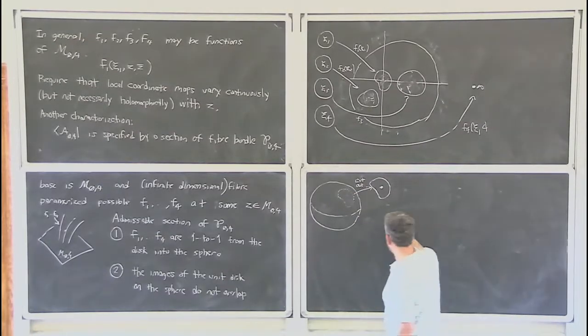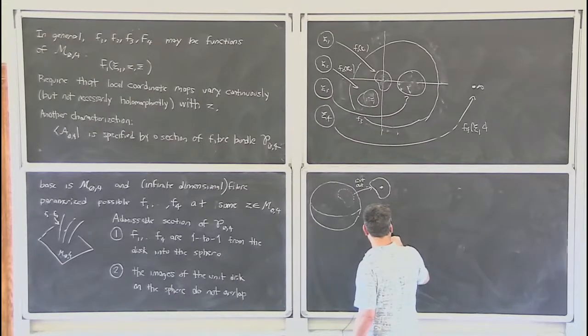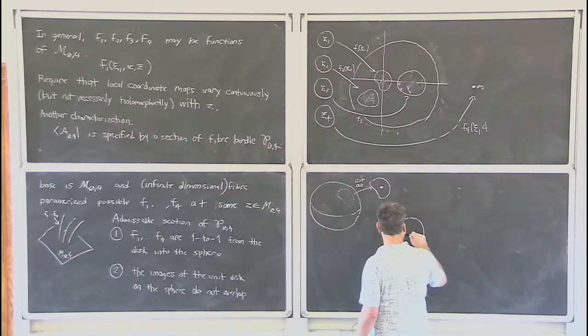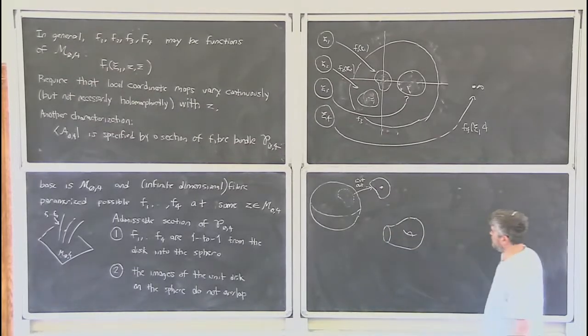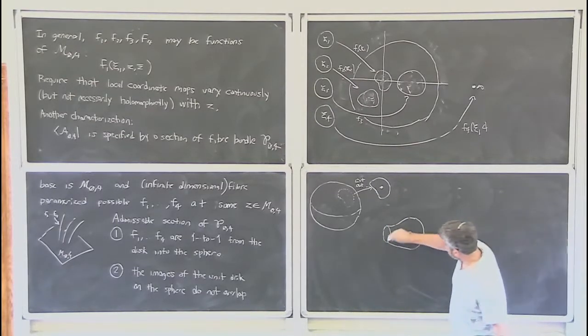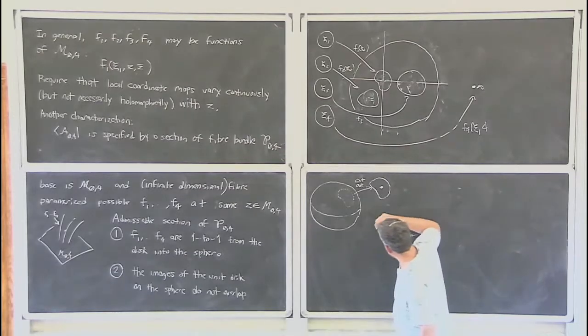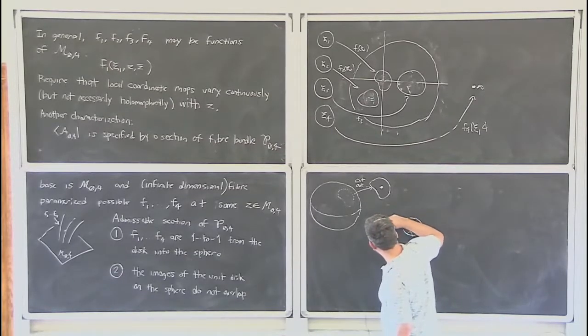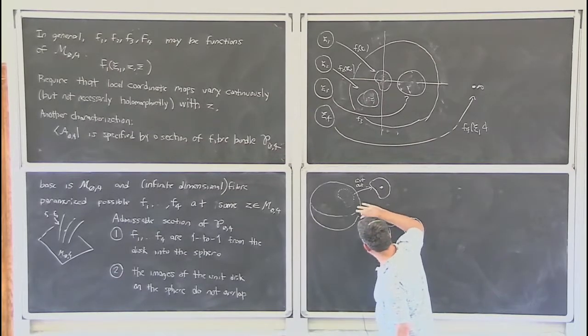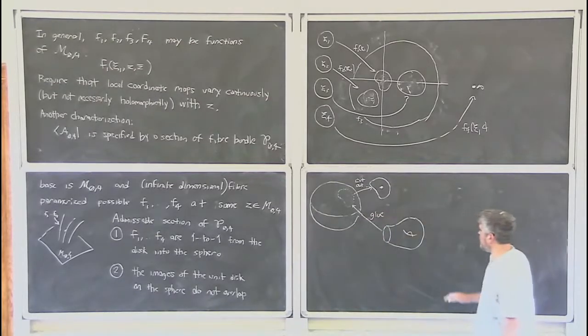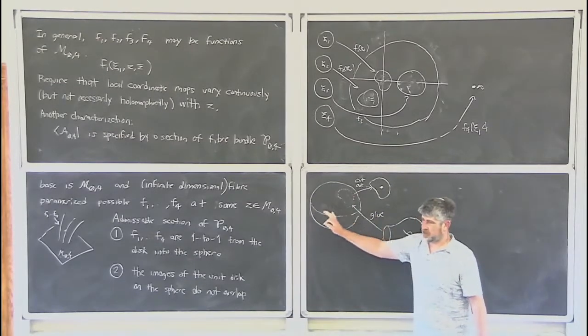For example, we could consider this state defined by a path integral over a torus. Now you're supposed to take this path integral over the torus, this state, and glue this hole in the torus to the hole in the sphere, and then evaluate the path integral over the resulting surface.